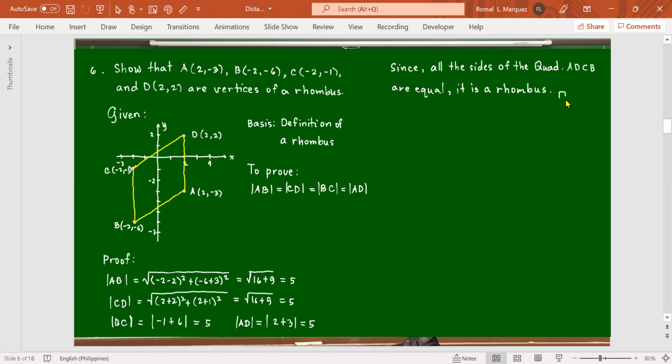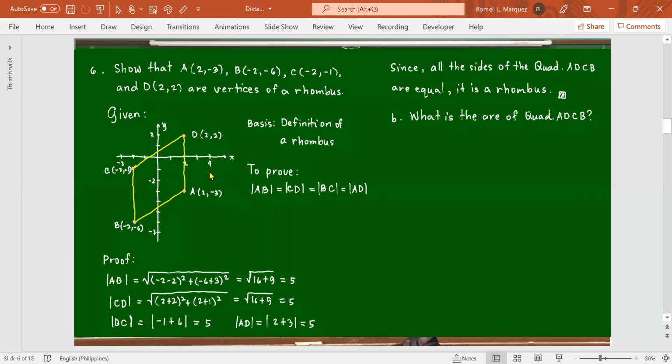Okay? So we're done. What if you are asked of the area? What is the area of this quadrilateral, which is a rhombus, no? A, D, C, B. Okay? How are the points arranged, guys?